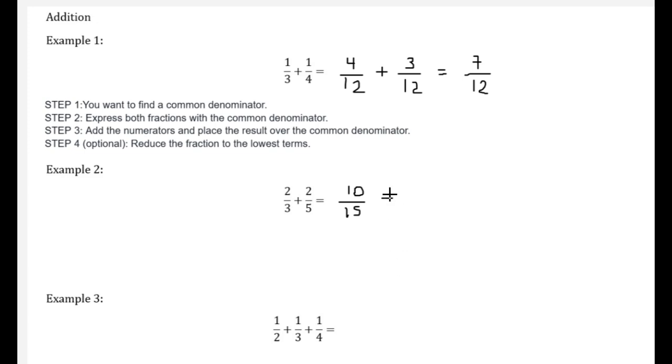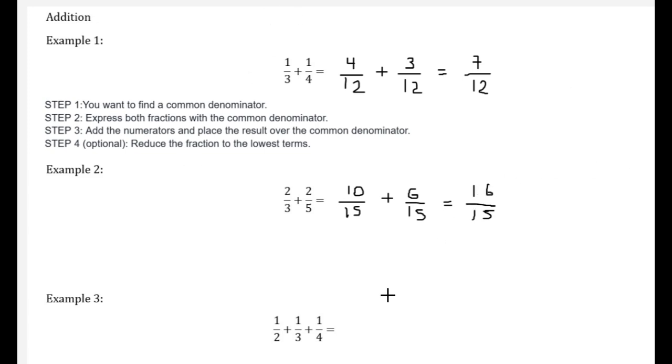In a similar way, we want 2/5 with the denominator of 15, so we have to multiply top and bottom by 3. So 2/5 becomes 6 over 15. Same final step: place the common denominator, 15, and add the numerators. So the result is 16/15ths.